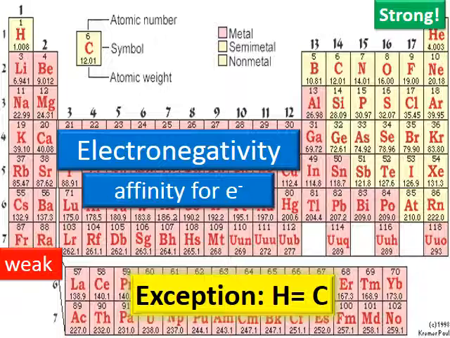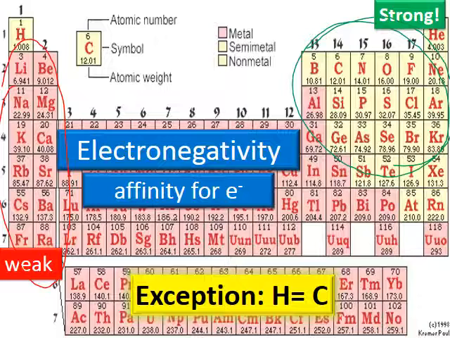And those types of elements are going to be up here on this side of the periodic table. They're very, very strong. On the flip side, you have those that have a low level of electronegativity. Very, very little electronegativity. They can barely hang on to the electrons that they have, and they'll readily get rid of them because they're so weak. Those elements are going to be on this side of the periodic table.